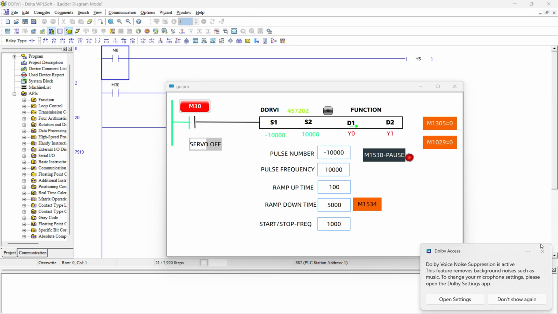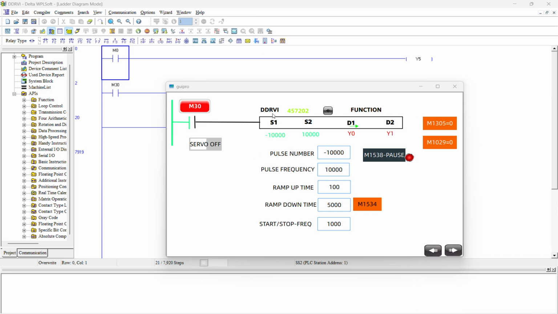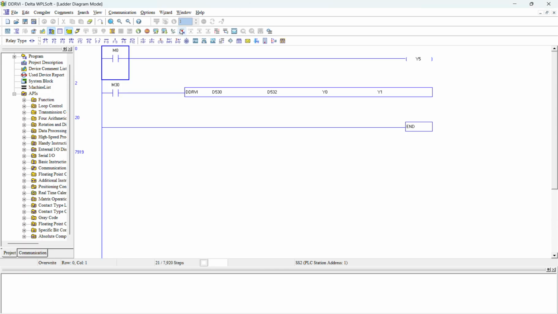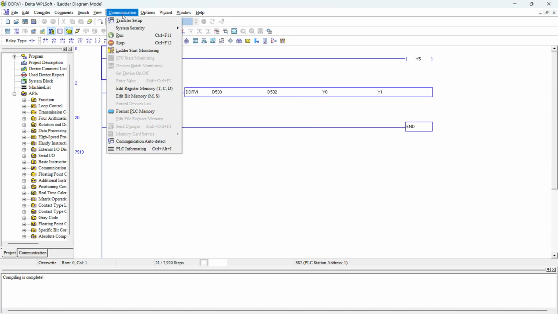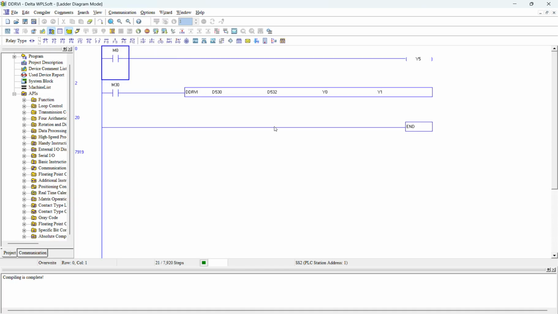Hello, now another function is DRVI. So until this one, we just made the function using the pulse. Now we will come a little bit to another function for servo drive.